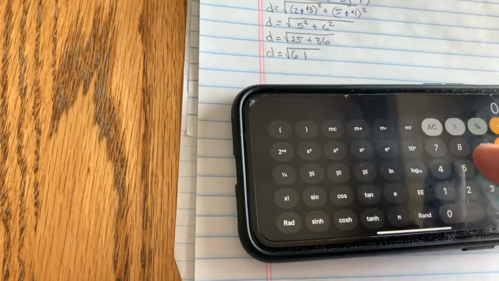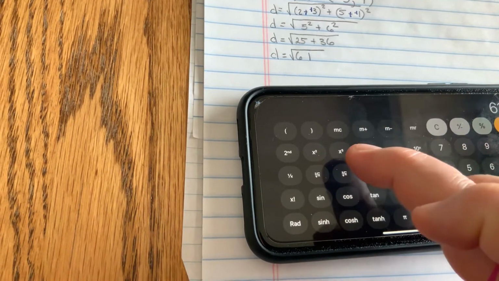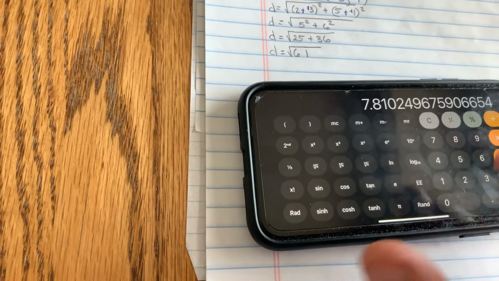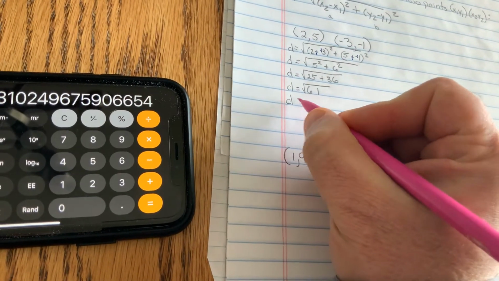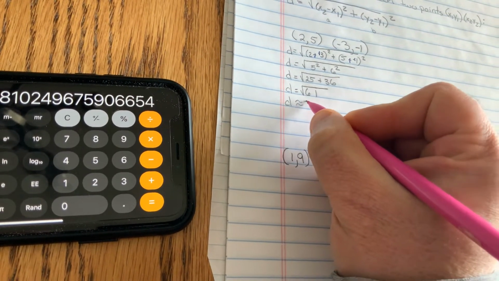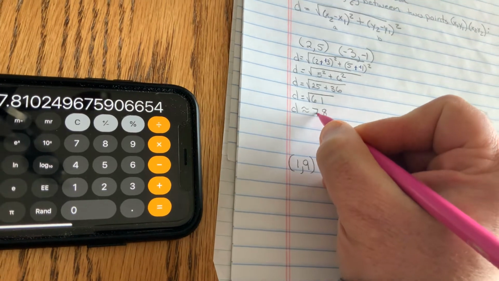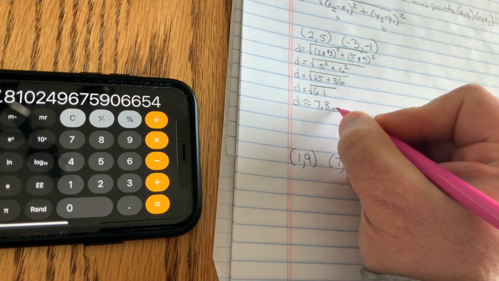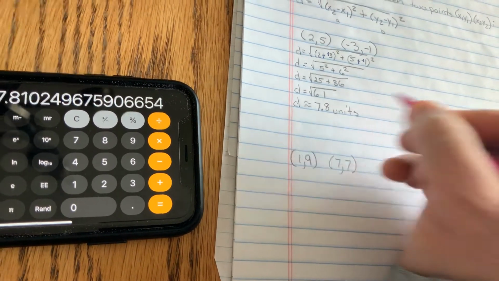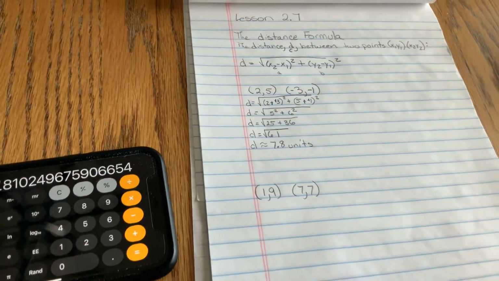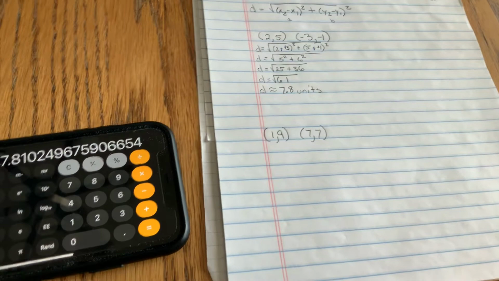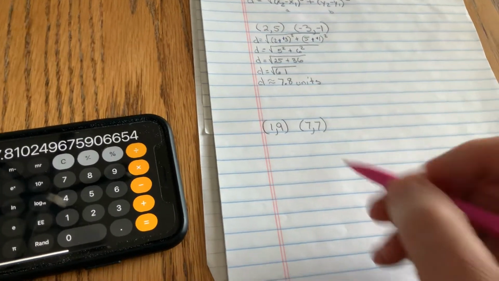I'm going to say 61 square root, roughly 7.8. So we're going to say D is approximately 7.8, and then of course we're going to label it units. Remember, those will be marked wrong if you do not add the label. Now we're going to do the same thing with the next one.